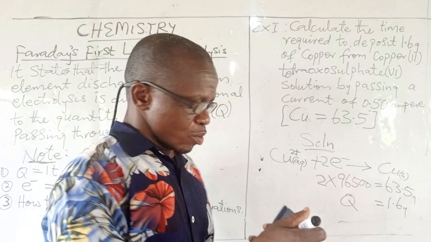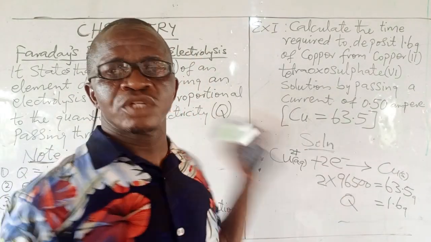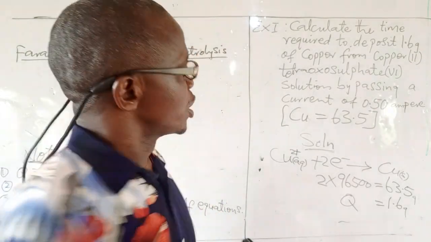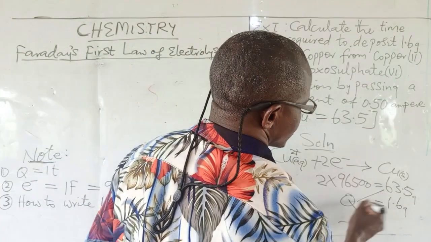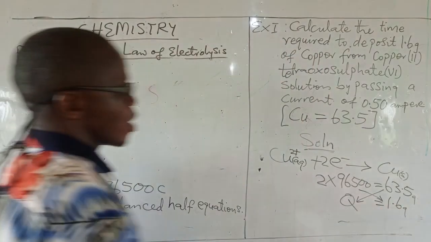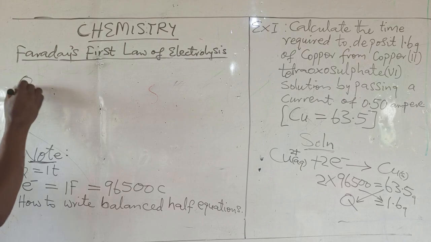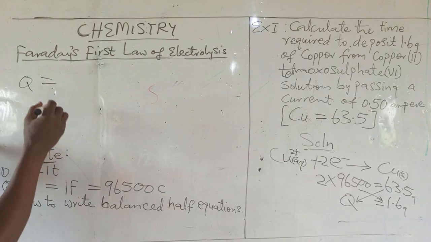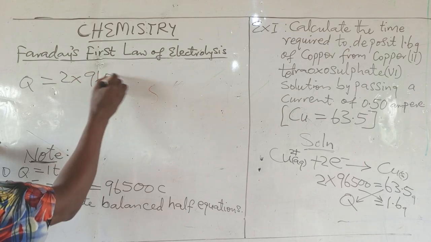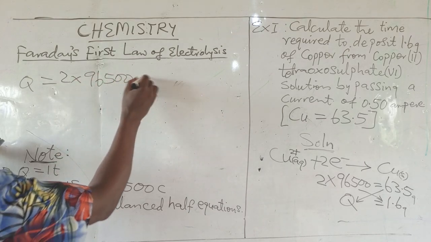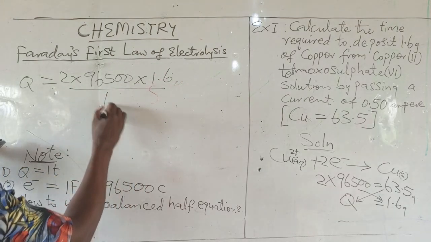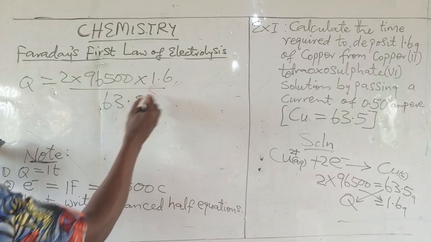So now we are going to transfer that to this side. By cross multiplication, if I multiply the whole of this by this, I will now have Q equal to 2 times 96500 times 1.6 all over 63.5.